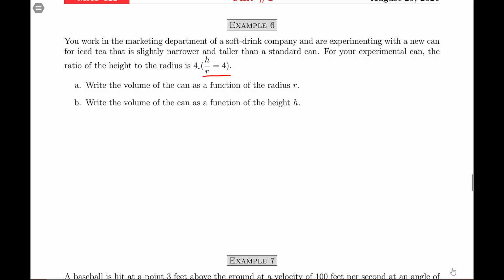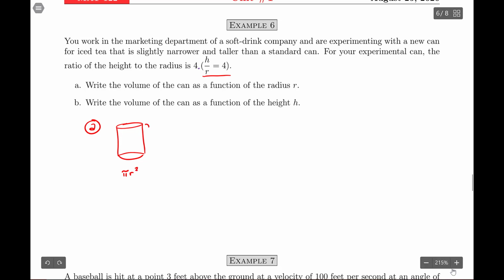For part A, it says write the volume of the can as a function of the radius r. Let me do a terrible drawing here. So here's our can. To find the volume of a cylinder, we have two circular surfaces, the top and the bottom, and the area of any circle is pi r squared.